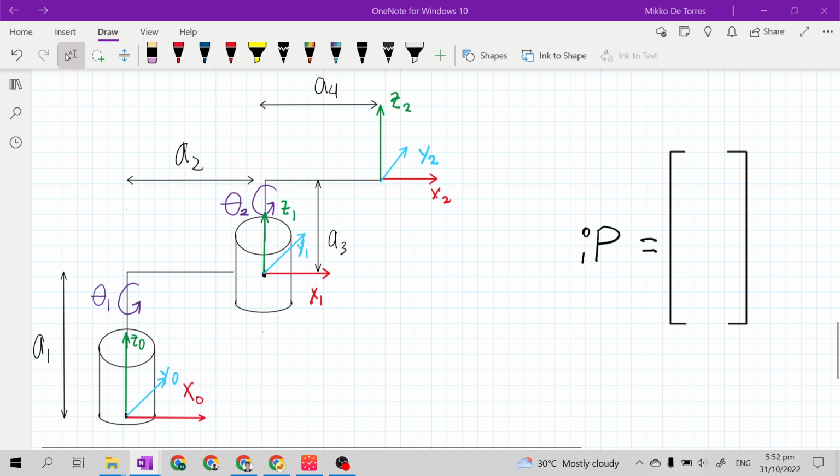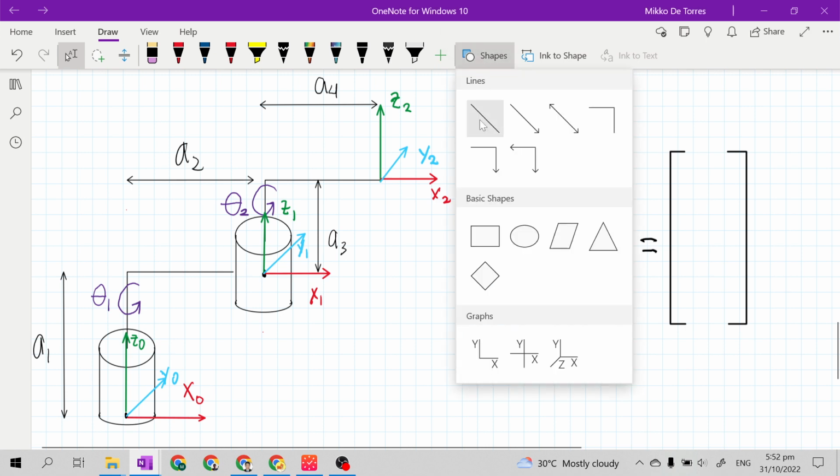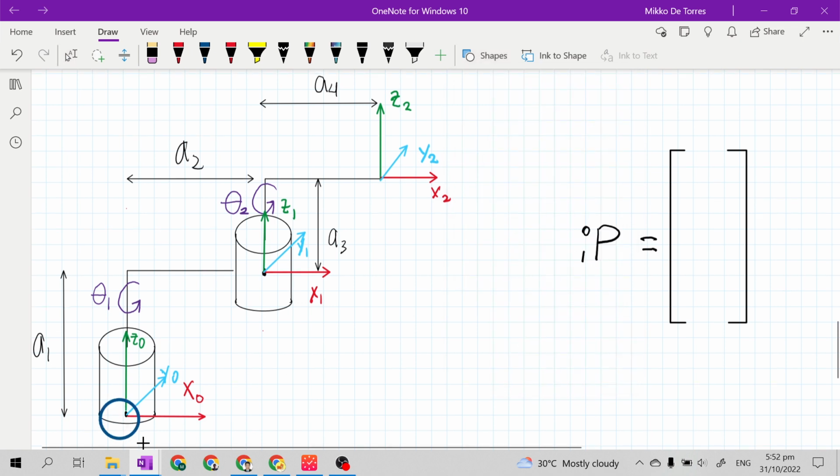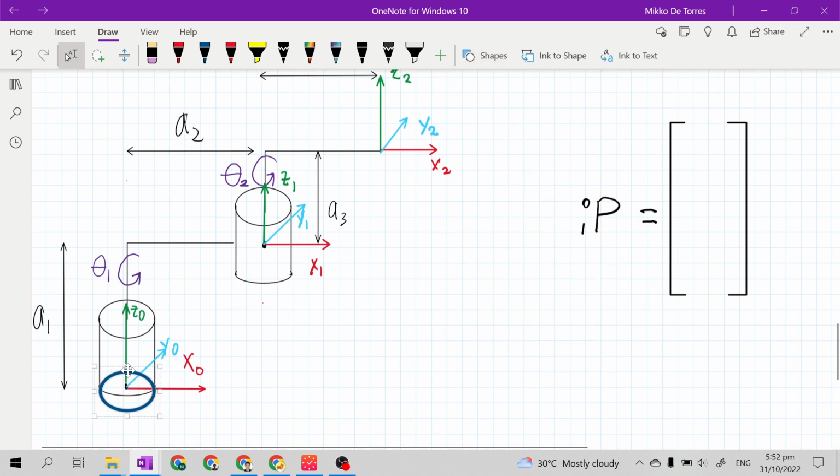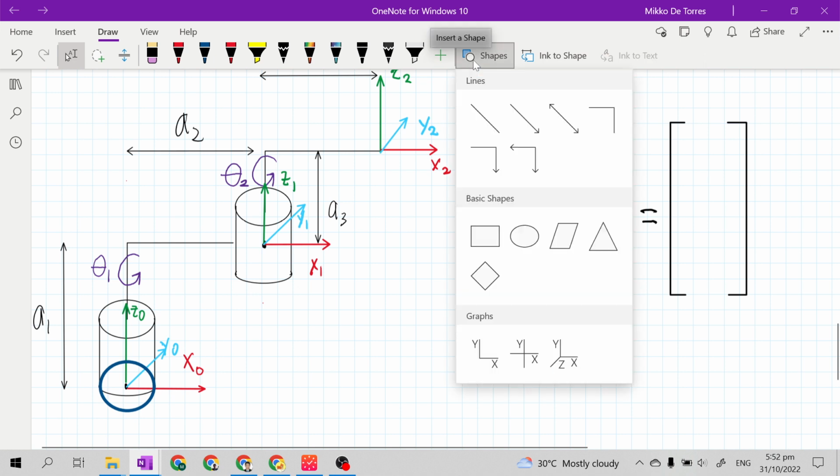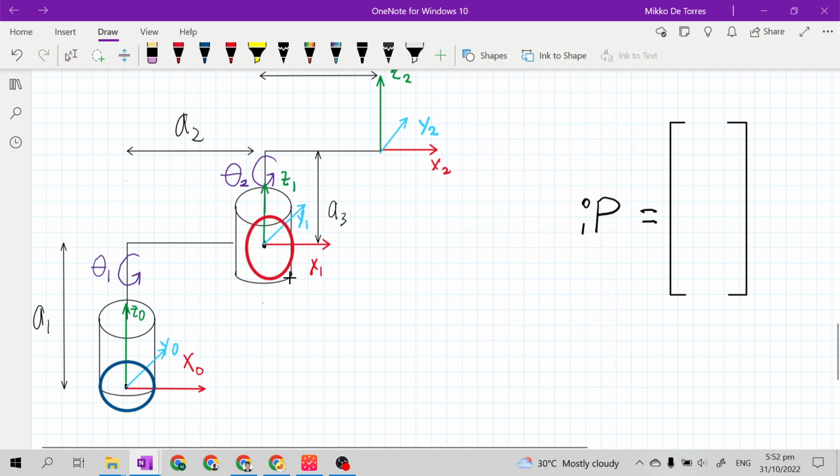Okay, so to derive the position vector of this mechanical manipulator, we will start again from the base, the frame of the base, and the next frame after the base. The base frame is frame 0. Then the next frame is frame 1.